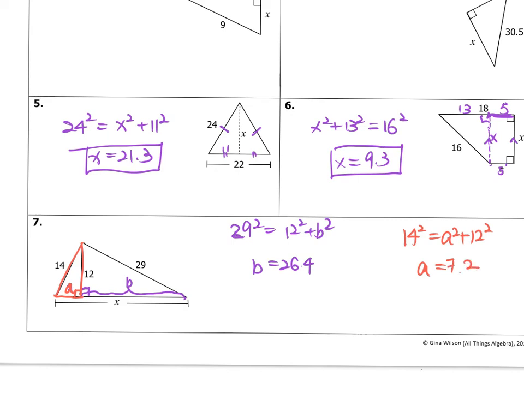So finally, X is 26.4 plus 7.2. That should give me 33.6.